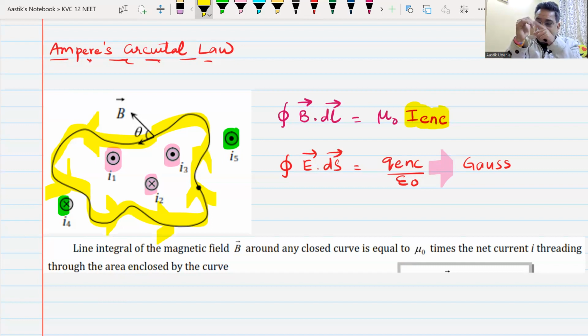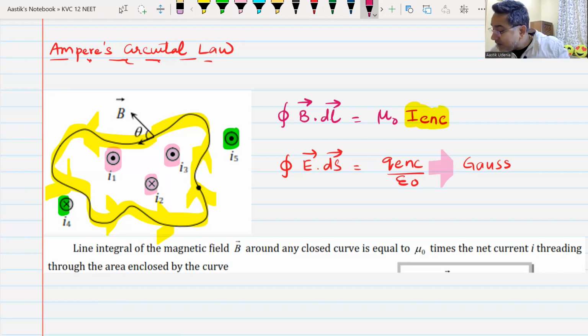The thumb represents the positive direction, and other current will be taken as negative. So here, because I'm moving in the anti-clockwise sense, I1 and I3 current will be taken as positive, and I2 current would be taken as negative.